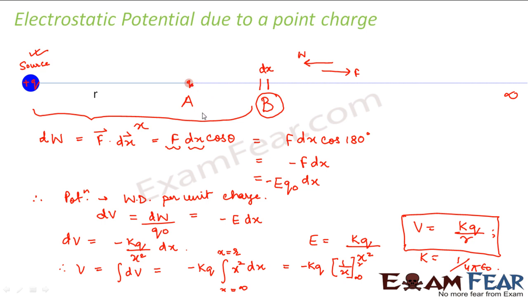So therefore we say that the amount of work which we do to bring this charge from infinity to some point A in an electric field produced by a point charge. So that is how we calculated the electrostatic potential in this case, right? So I hope it is clear to you now. Okay, so if you understand what is electrostatic potential, you can see that it is very easy to solve it mathematically. So the most important thing is that you should know what is electrostatic potential.